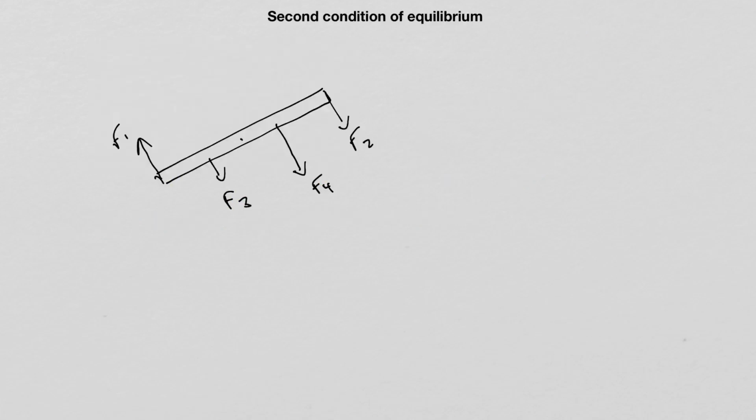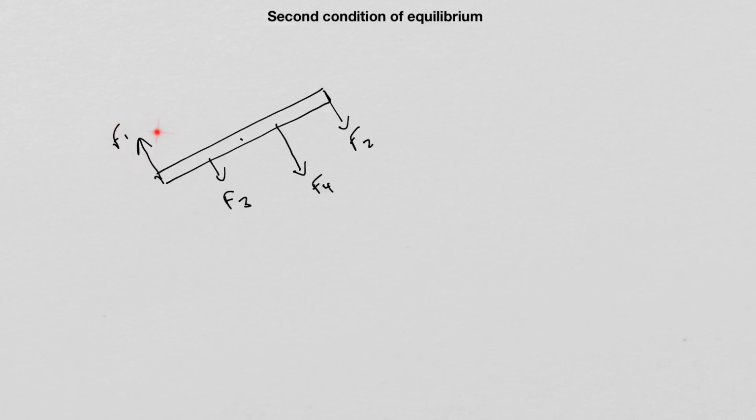So let's quickly run through the nomenclature of clockwise and counterclockwise torque. So I have this meter stick that is fixed in the middle to rotate about that point, and 4 forces applied to that meter stick.